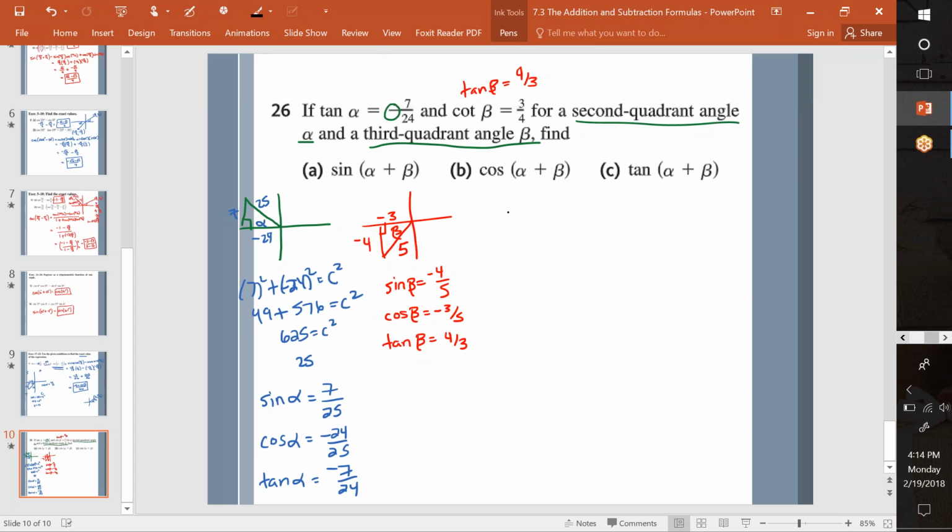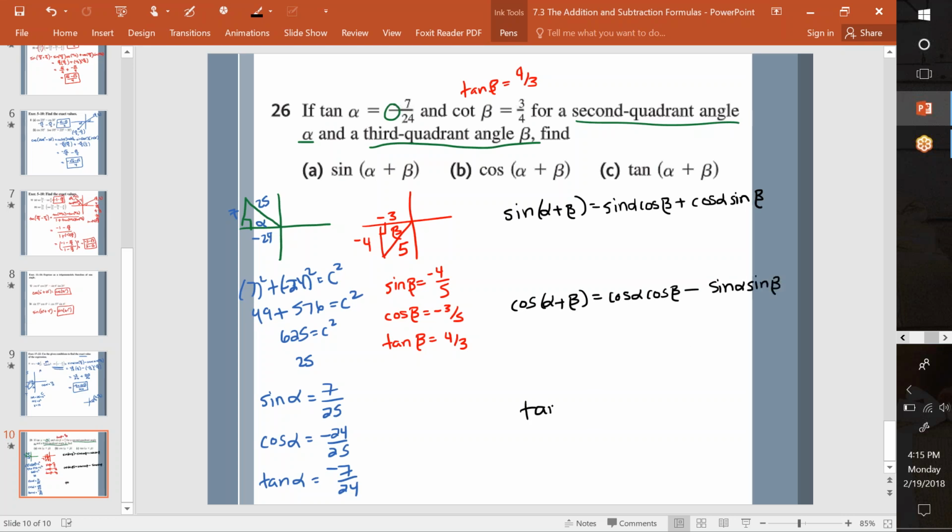pieces of information in. So this is sine of alpha plus beta, which, remember, sine is social and agreeable. So that'd be sine alpha cosine beta, plus cosine alpha sine beta. I'm going to leave space for that one, and then we have cosine of alpha plus beta, which is antisocial and disagreeable, so the cosines are together at the beginning, minus, since we're changing signs since it's disagreeable, sine alpha sine beta.